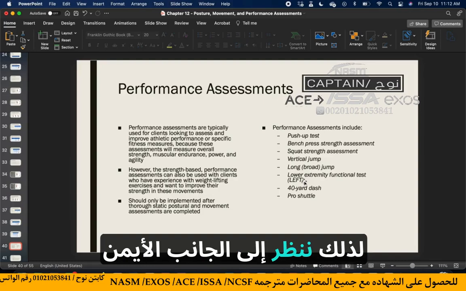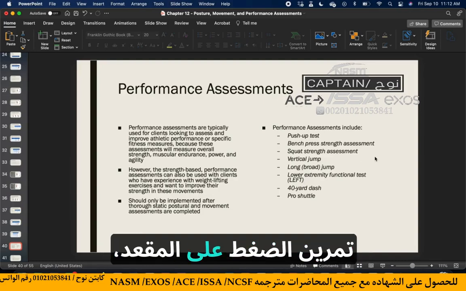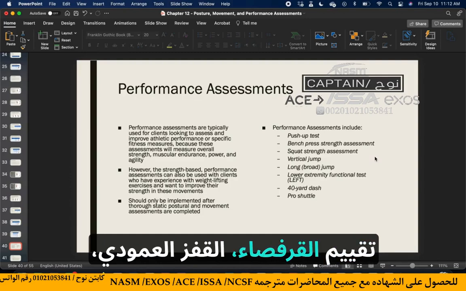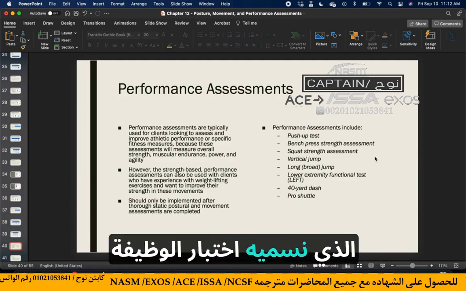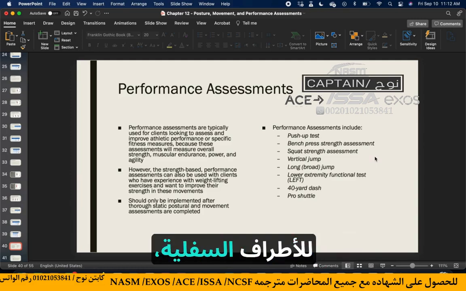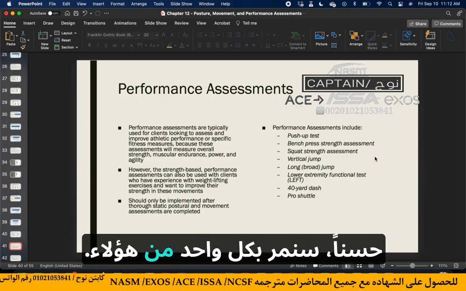Looking at the right side there: the push-up test, the bench press, the squat assessment, vertical jumping, long or broad jumping, the LEFT test, which is what we call the lower extremity functional test, the 40-yard dash, and our pro shuttle. We'll go through each one of those.